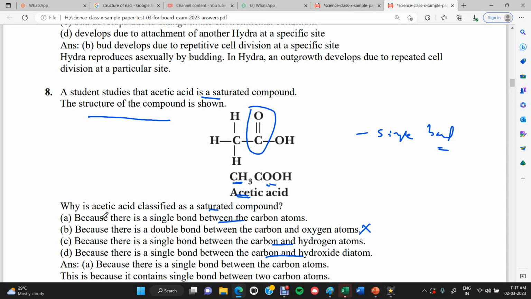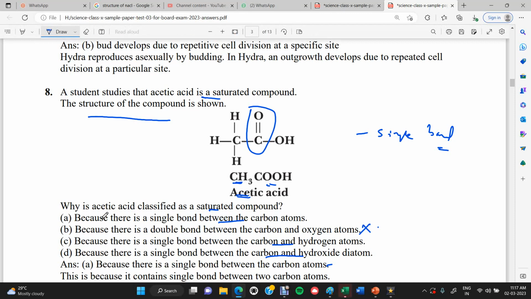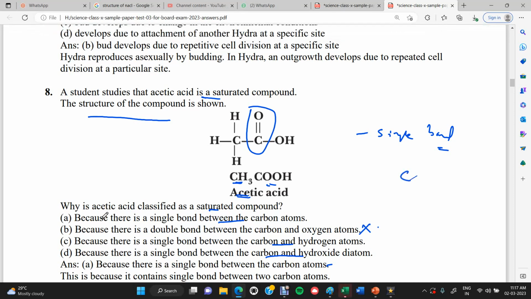The answer is there is a single bond between the carbon atoms, because saturation and unsaturation deal with the bond between the carbon atoms. If it's C single bond C, it is called saturated. If it is C double bond C or C triple bond C, it is unsaturated.